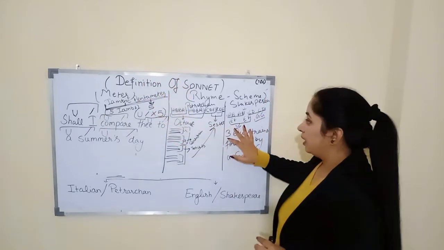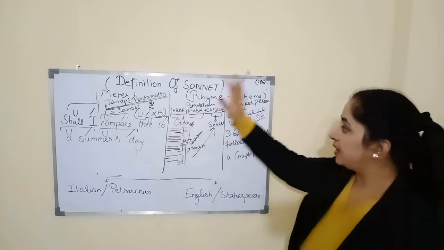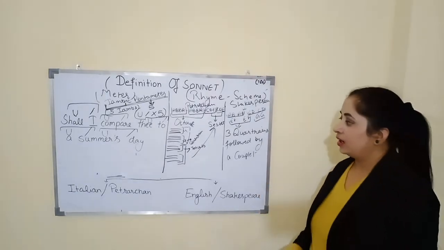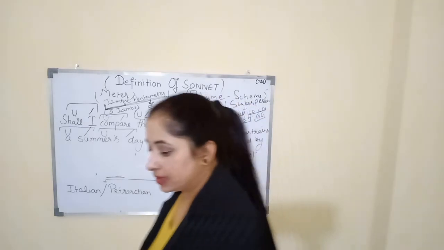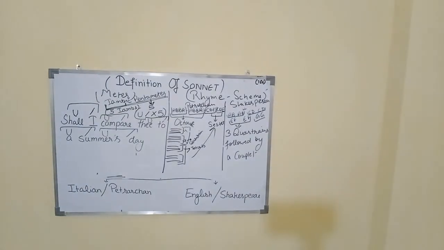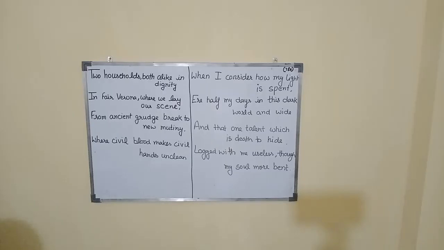Okay. So just have a look at this, and then I'll write the poem. We'll give you an example. Just have a look at this. So these are the examples.